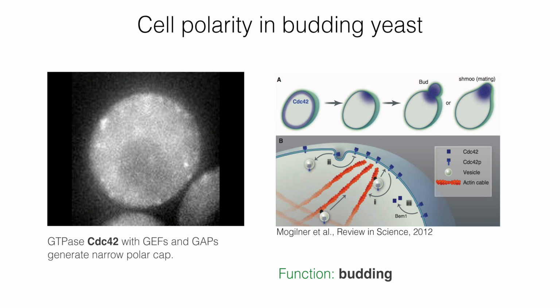So here is one of those examples. This is budding yeast, where certain proteins, they're called CDC42, they are going to the membrane. Then once they are recruited, there's some diffusion and reaction that gives rise to pattern formation. And usually when you describe these kind of processes, they have a function.